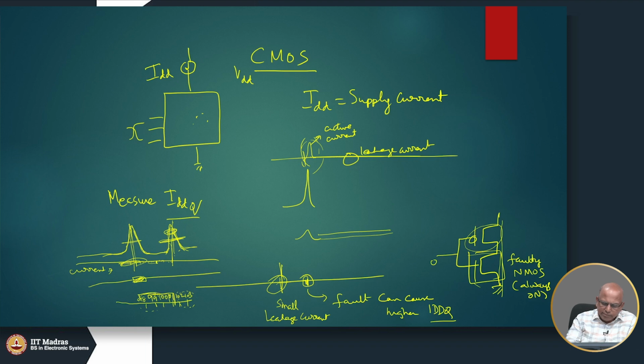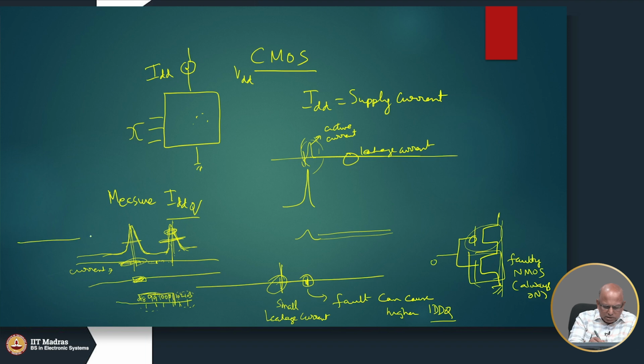In the same way, this IDDQ testing, right? Slowly, what is happening is the number of gates is increasing. As a result, the leakage current is increasing. So leakage current is coming in the other direction.